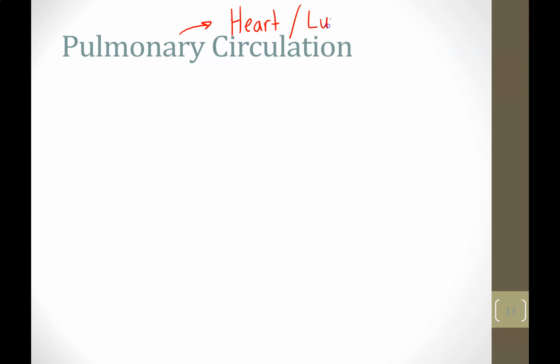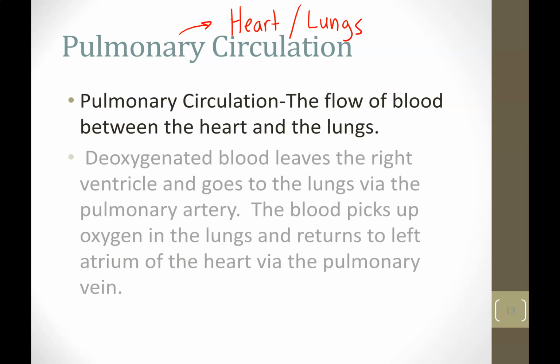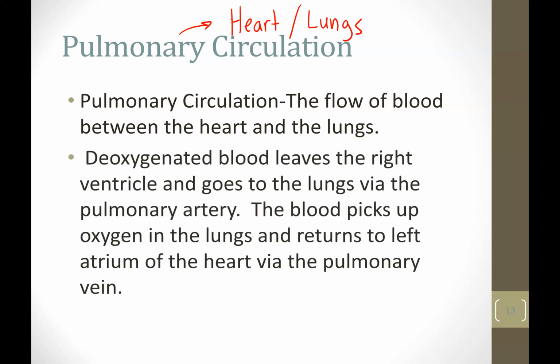So pulmonary circulation is just that: going between the heart and the lungs. Deoxygenated blood goes to the lungs, picks up some oxygen, returns to the heart, and the heart pumps it throughout the body. Beautiful system. That's your pulmonary circulation. Heart and lungs.